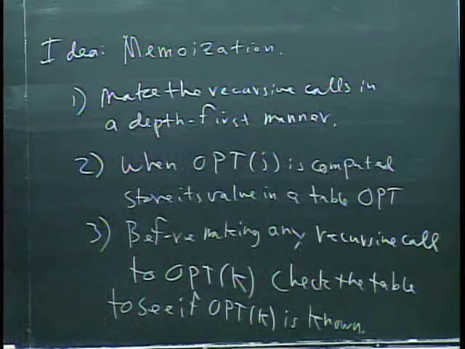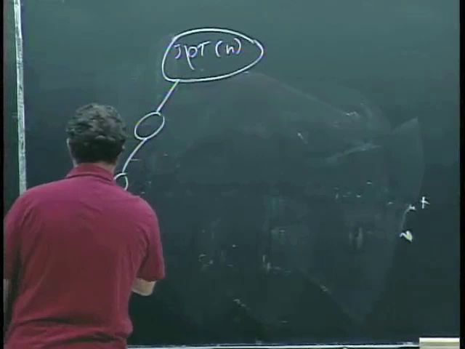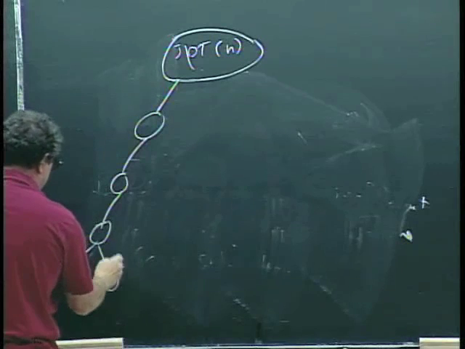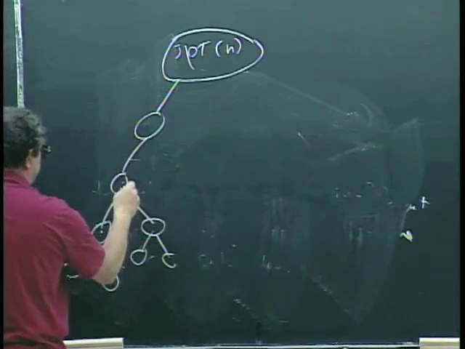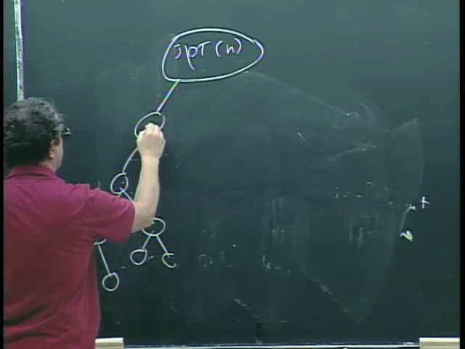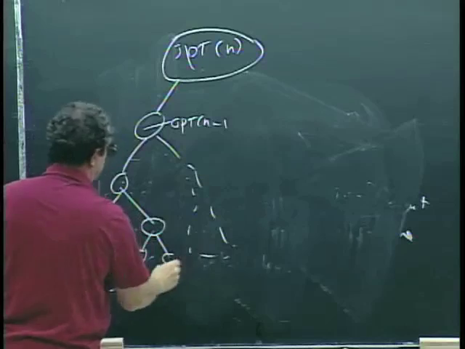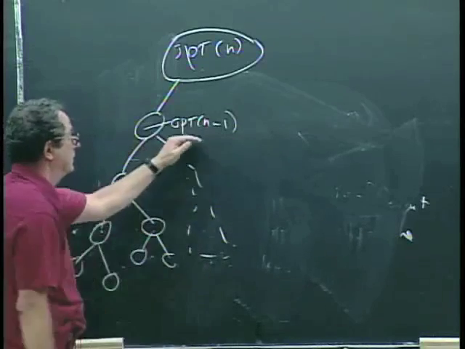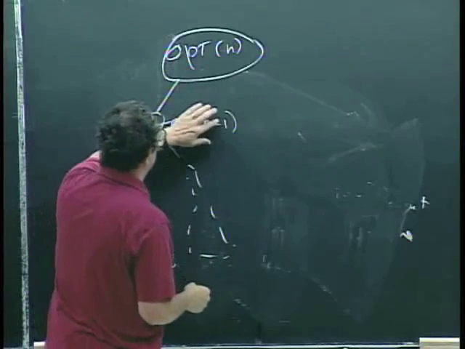So, and this is getting very cluttered here. So you're doing this in a depth first manner, and there you finally know that value, and you come back up here and do this, whatever, you finally know that value, and so on. And let's say here is opt of n minus 1, finally gets computed, and you know its value. So it's stored. Okay, so, oh, actually, n minus 1, that's probably a little too tight.